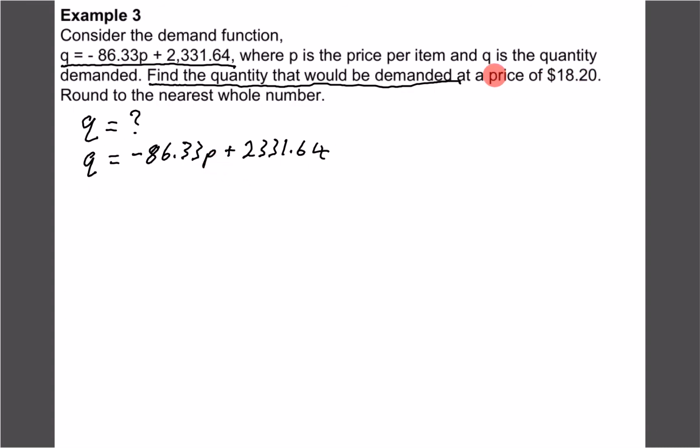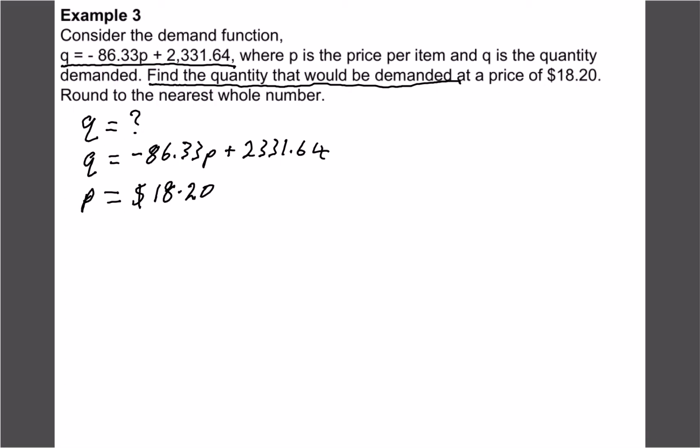Yes, of course. We're told here to find the quantity that will be demanded at a price of $18.20. So that is our P. Therefore, we have P equals 18.20.